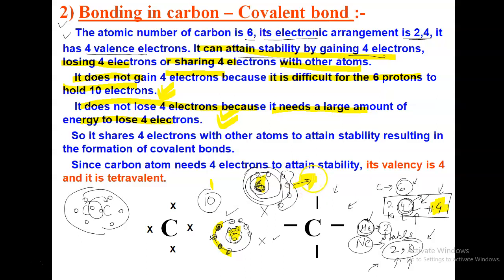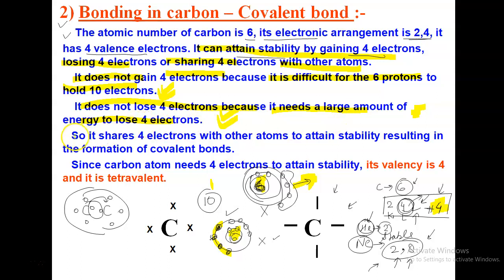If somebody asks you what a valence shell is, you can simply say it is the outermost shell, and the electrons present in it are called valence electrons. So carbon cannot lose all its 4 electrons because it needs a large amount of energy.